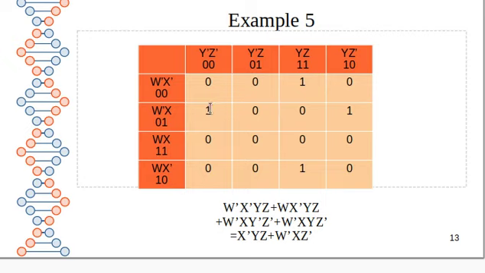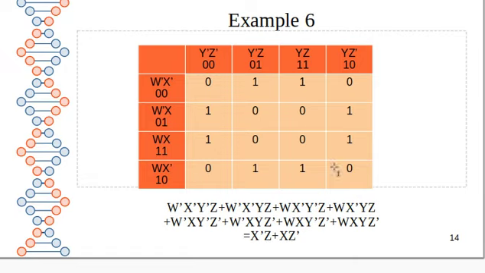And for these 2 pairs we can see that w bar x is the same and only y is changed, so we dismiss the y value. So w bar x z is the final expression.